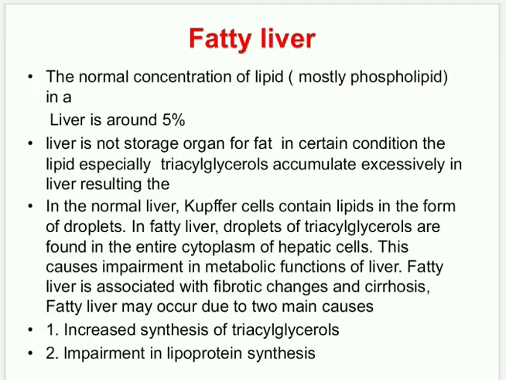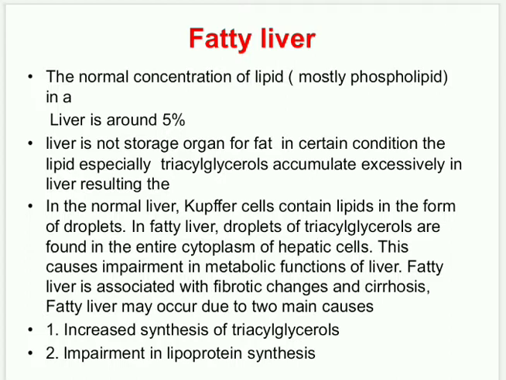In the normal liver, the Kupffer cells contain lipid in the form of droplets. But in fatty liver, droplets of triacylglycerols are found in the entire cytoplasm of the hepatic cells. This causes impairment in the metabolic function of the liver.